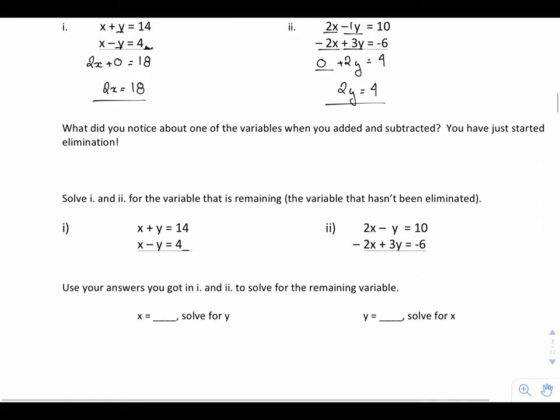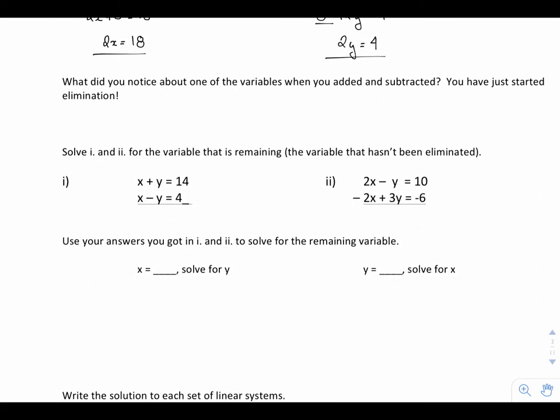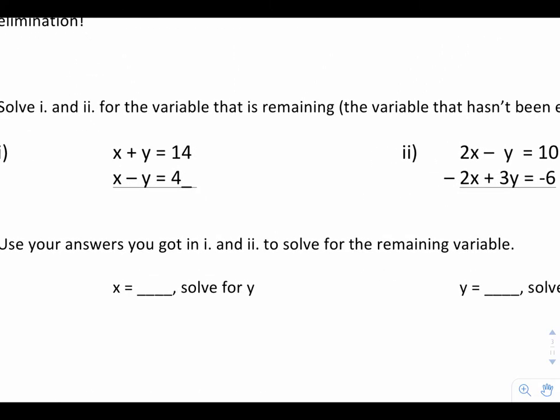So let's move on. It asks that we solve for the variable that is remaining and find out what it is. So in the first case, we have 2x equals 18. I'm just going to rewrite that over here. If I solve for the x value, I get x equals 9.